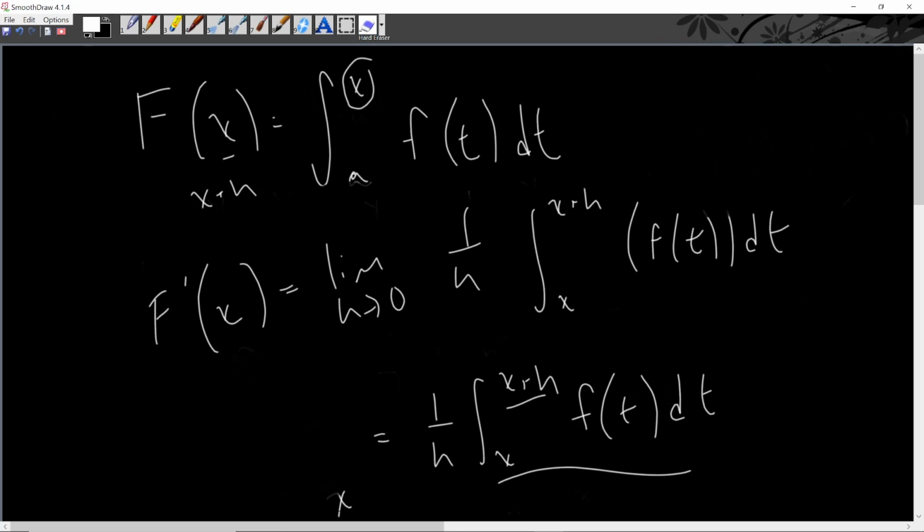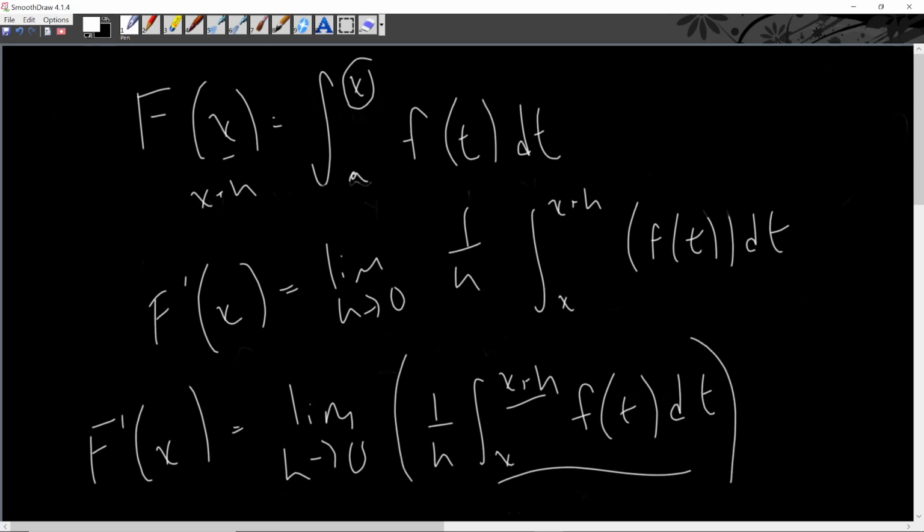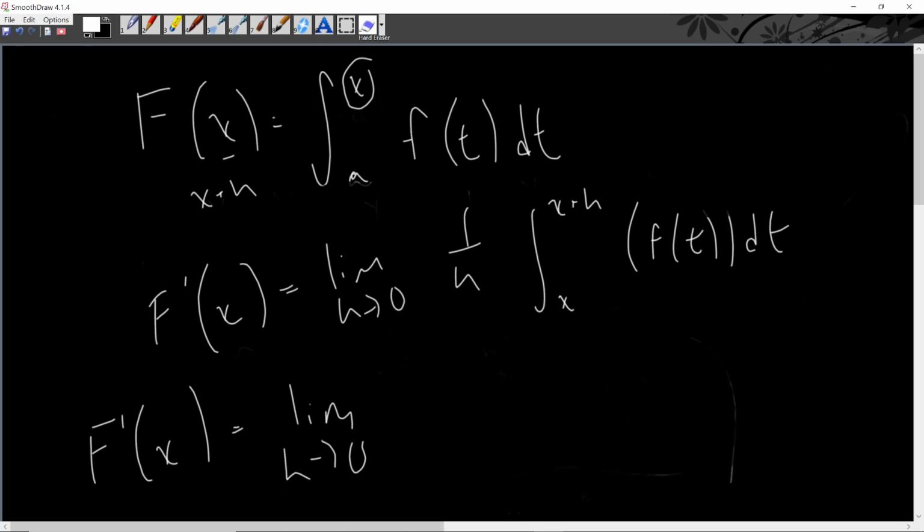We said that f prime x is equal to the limit as h approaches 0 of all of this, right? But we also said that this was equal to f prime c, where c is the x value of the average value of that area under the curve. So we have this is the limit as h approaches 0 of f of c.